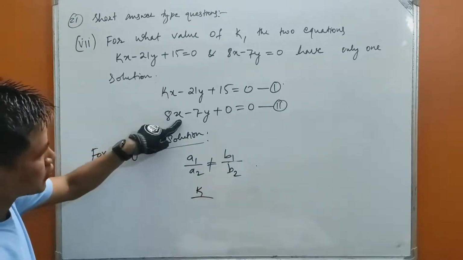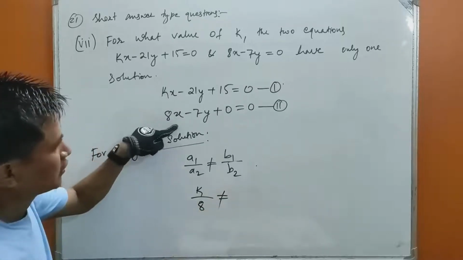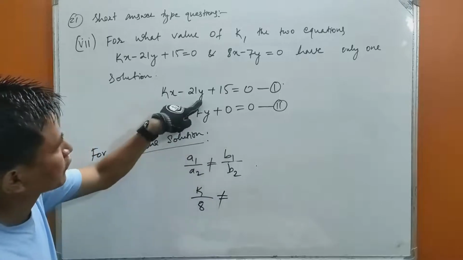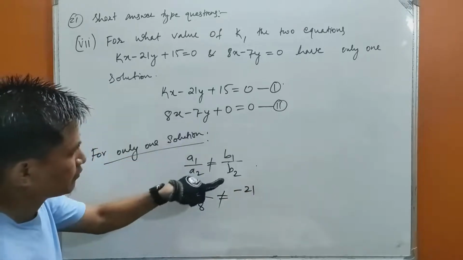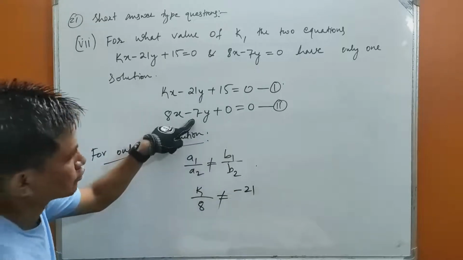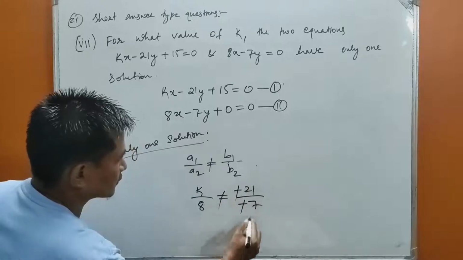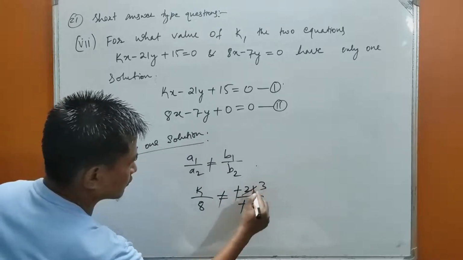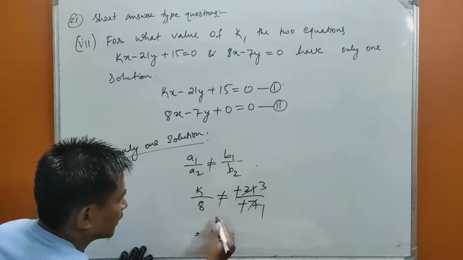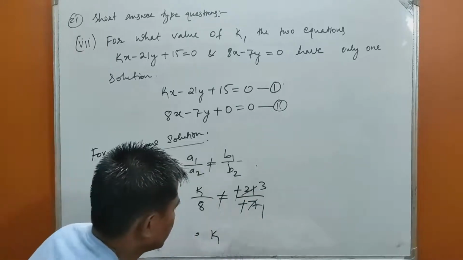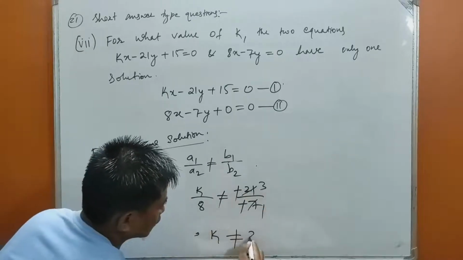So a2 means the coefficient of x in equation 2, that is 8, not equal to b1, the coefficient of y in equation 1, that is minus 21, and b2, the coefficient of y in equation 2, that is minus 7. Okay, minus 7. Minus and minus cancel. 7 1s are 7, 7 3s are 21, isn't it? Or let us cross multiply this, k not equal to 8 3s are 24.